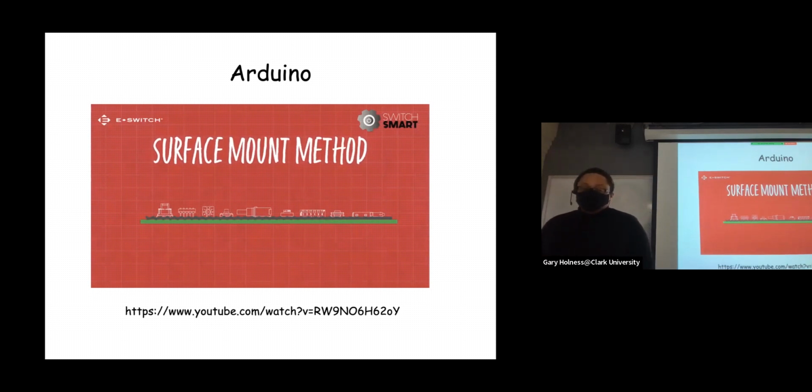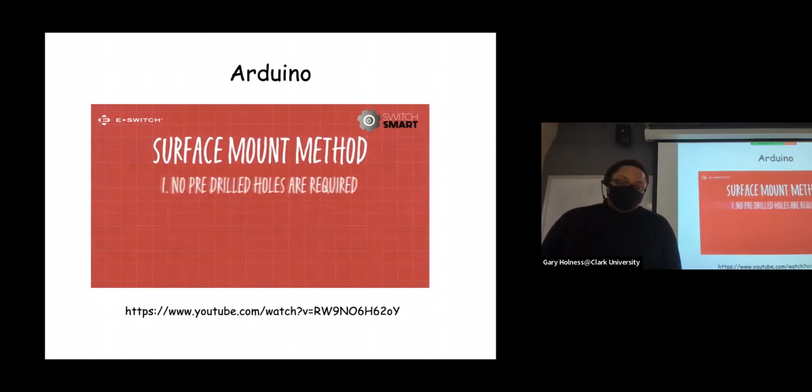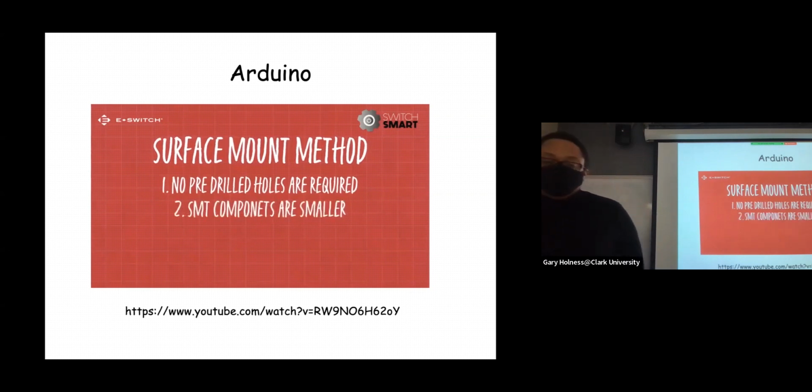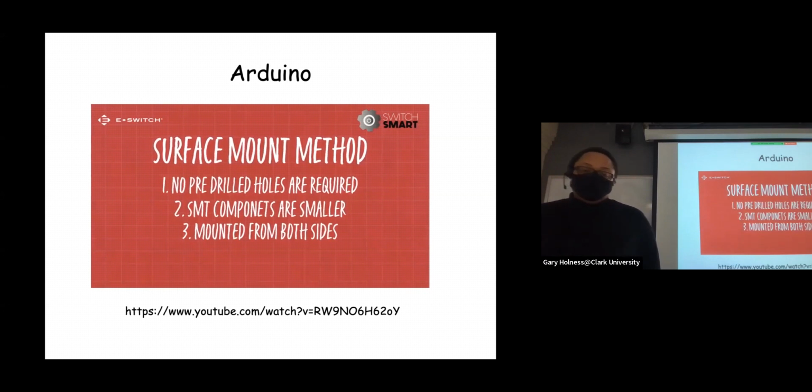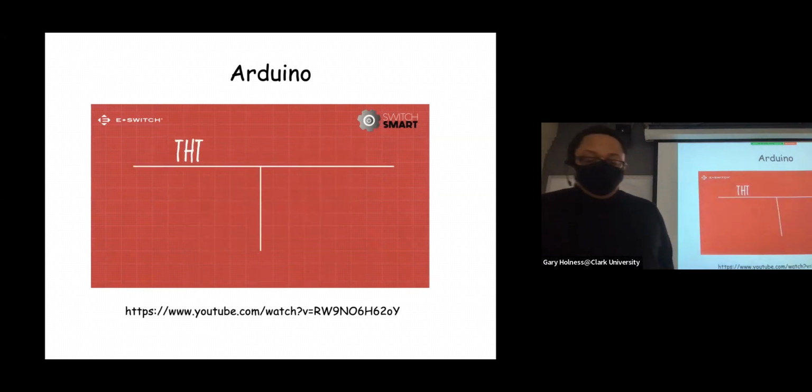The whole circuit board is then heated, allowing the solder paste to liquefy and then solidify, forming a bond between the contact pad and the component. This method of soldering is known as reflow soldering. No drilled holes are required, and components can be mounted on both sides of the board. Time for a recap. Through-hole mounting tends to be more costly and time-consuming.